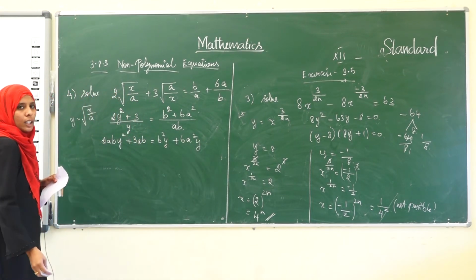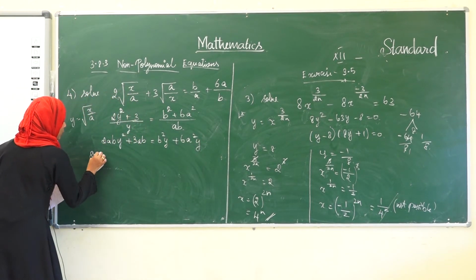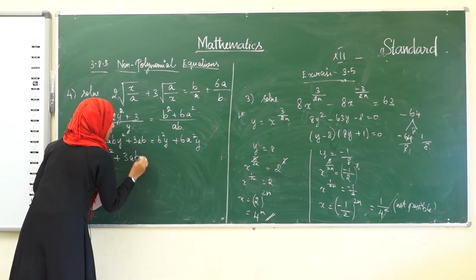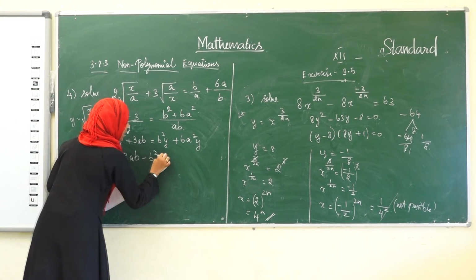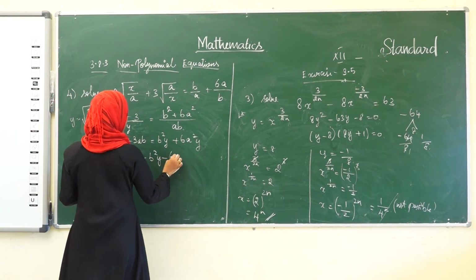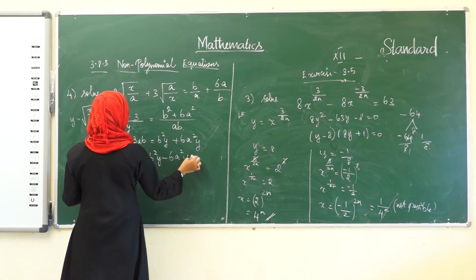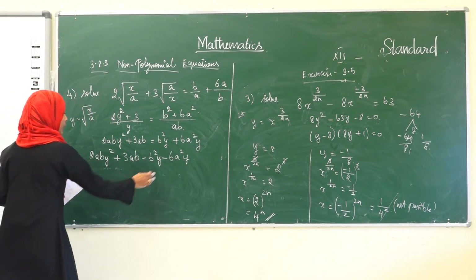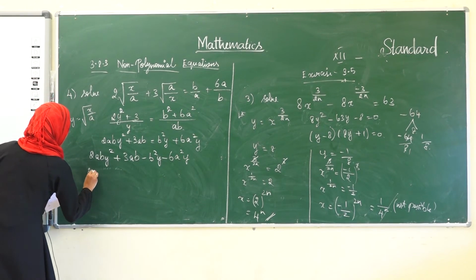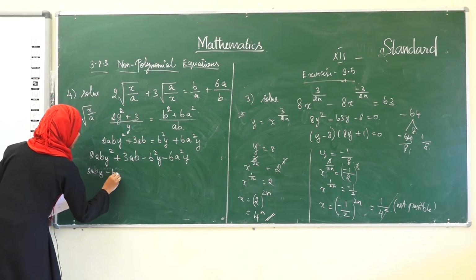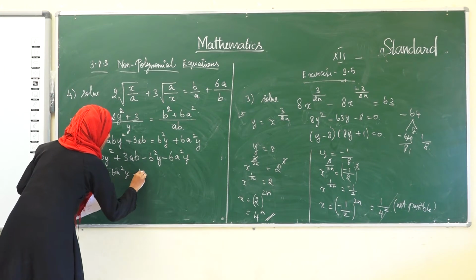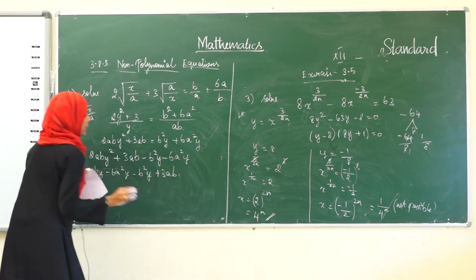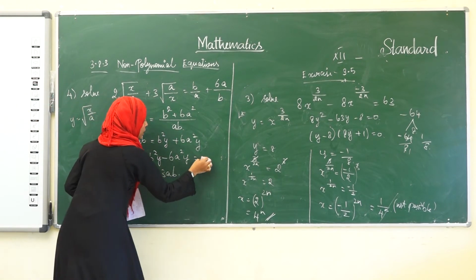This is what we got: 2ab y square plus 3ab minus b square y minus 6a square y. Now we can rearrange: 2ab y square minus 6a square y minus b square y plus 3ab is equal to 0.